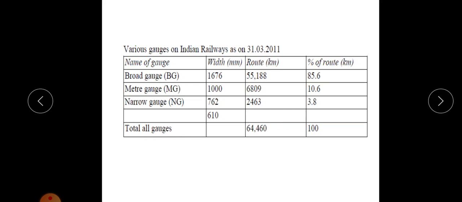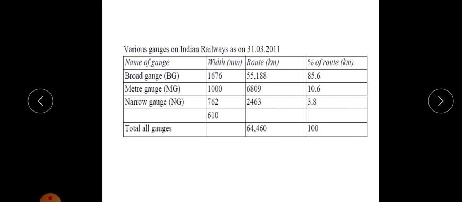Okay, next, meter gauge means 1000 mm or 1 meter is the distance between two rails, and it is 6809 kilometers of our Indian railway, that is 10%. Narrow gauge means 762 mm or 610 mm. Both are under the narrow gauge classification. So this is only 3.8%.